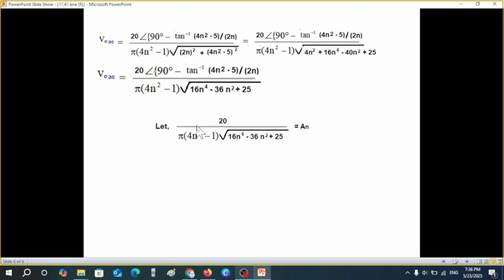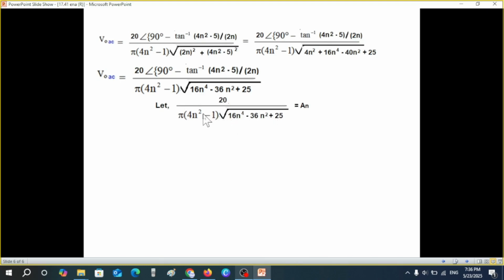So this is a simplified form. Now what we'll do to write it in a further simplified manner, we assume this whole thing as AN. The magnitude part, we are calling it capital AN.